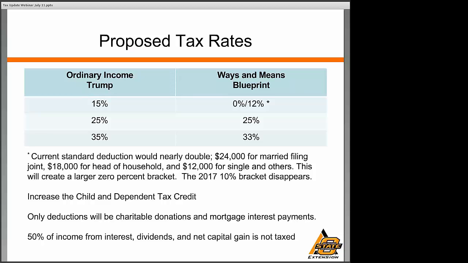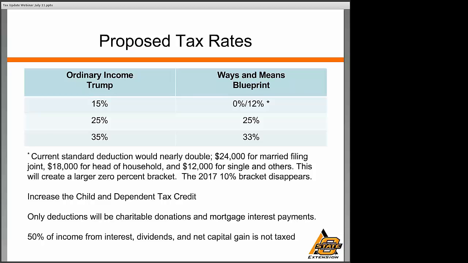The standard deduction would double or almost double. So therefore you increase the number of individuals that would not pay any taxes whatsoever. That's why if you look at this, that bottom end really represents about a 0 to 12% depending upon where you're at in terms of your taxable income after we double the standard deduction.